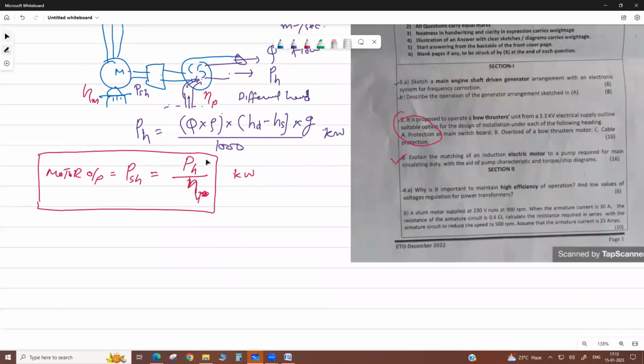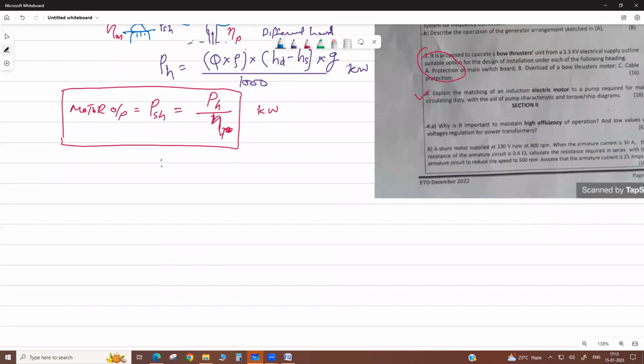Okay. Now to calculate the flow rate, if we draw, this is your flow, meaning discharge Q. Here it is head; we write head, pressure head, static head, or power also, head loss.